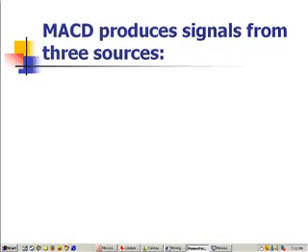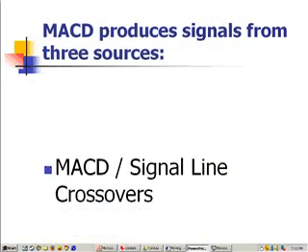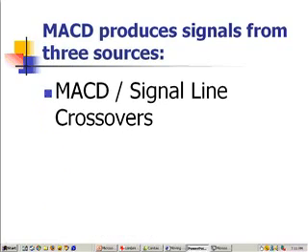MACD produces signals from three sources. The MACD signal line crossovers are the most common signal that MACD sends out, and unfortunately they're the most unreliable.